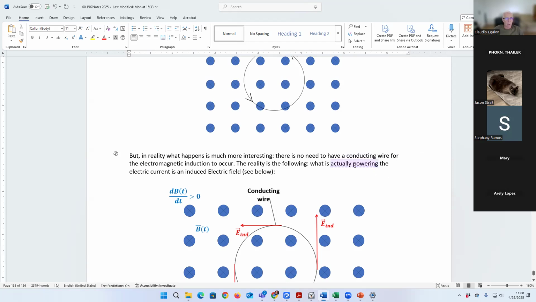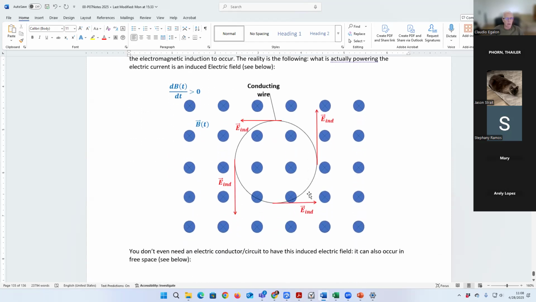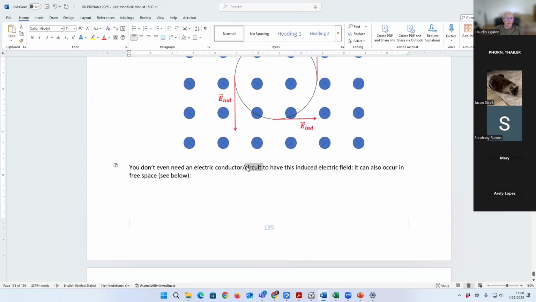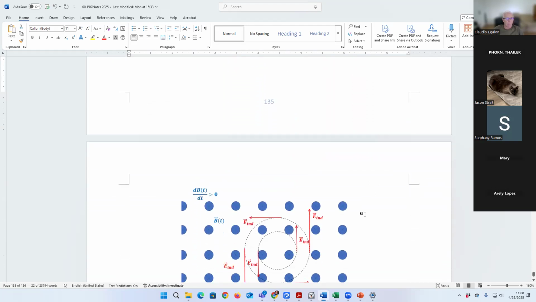What's actually powering the electric current is an induced electric field. And this induced electric field circulates around the lines of magnetic field. Like I said, you don't even need an electric conductor to have this induced electric field. It also can happen in free space.